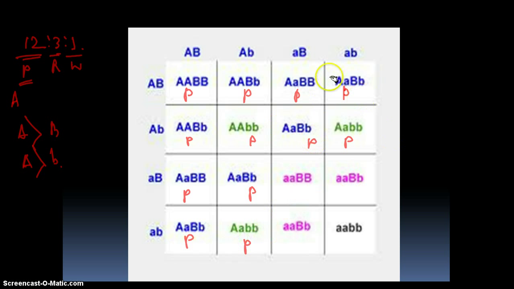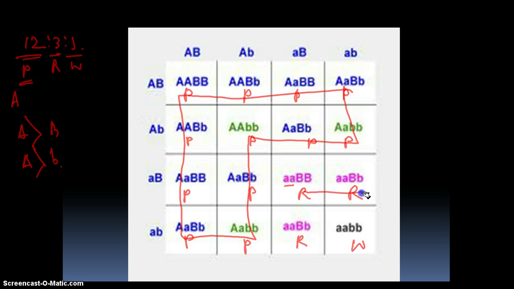Now if we count 1, 2, 3, 4, 5, 6, 7, 8, 9, 10, 11, 12, 12 purple. Look at this genotype, there is no capital A, only small b, so it will be red. This will be red, this will be red, and this will be white. So there are 12 purple, 3 red, and 1 white, and this satisfies our ratio of the dominant epistasis.